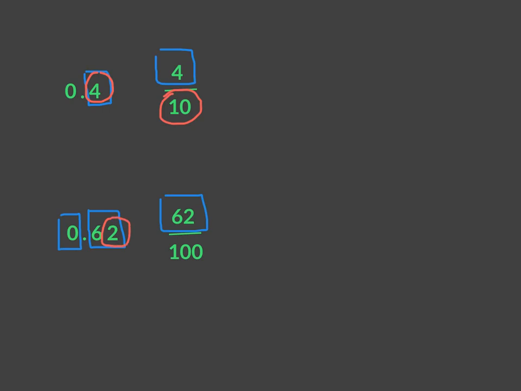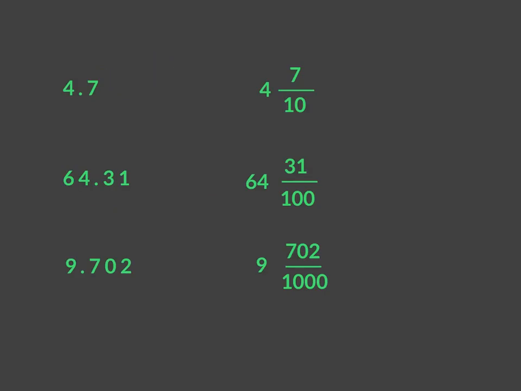That 2 is in the hundredths place. Therefore, our denominator becomes 100. 0.62, or 62 hundredths, can be written as 62 over 100. Let's look at a few more examples before we begin to do some independent work.